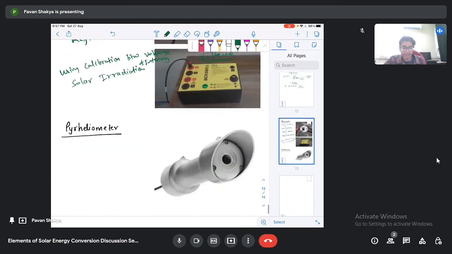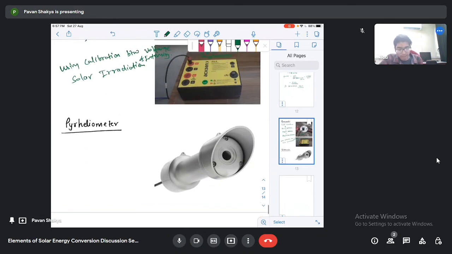The second one is the pyrheliometer. This instrument measures the direct or beam radiation. The working of this instrument is similar to the pyranometer, where the radiation falls on the sensor and there is some change in the resistance.